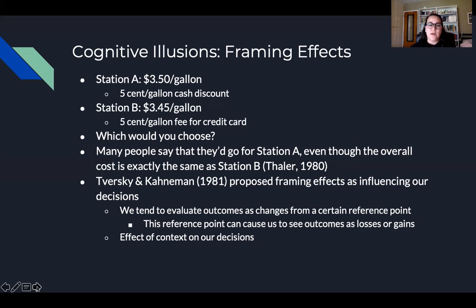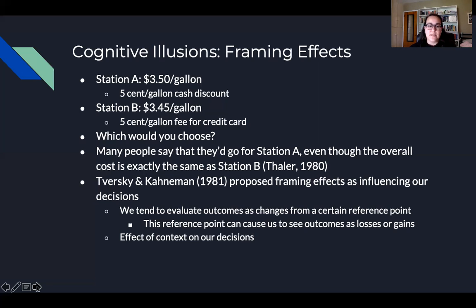And so the way in which information is presented comes to frame the decision, or like I said, it provides a context for it. So framing effects, in essence, can be thought of as just contextual effects on our decision making.